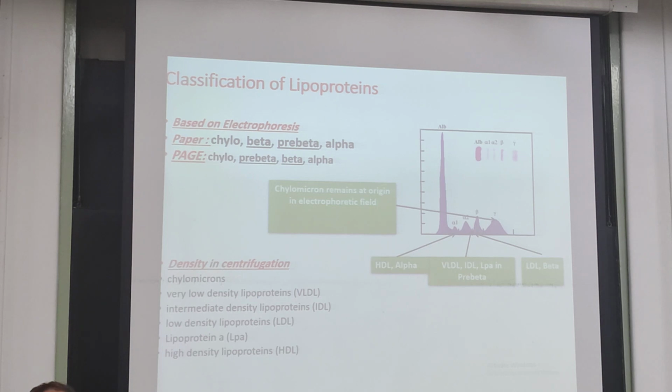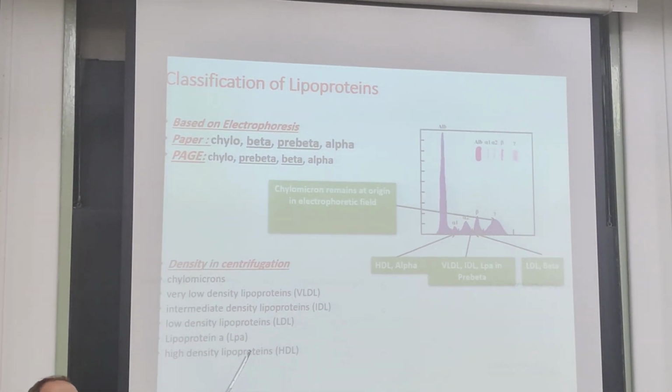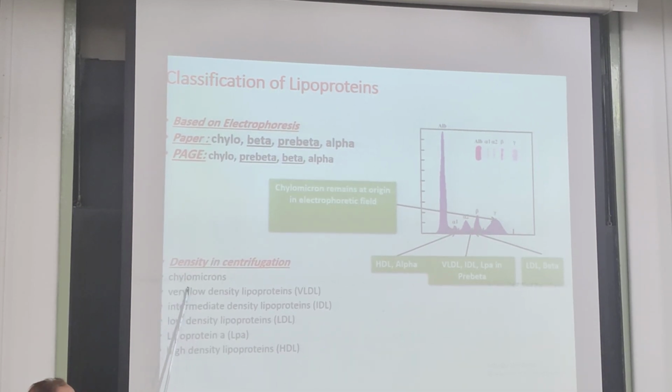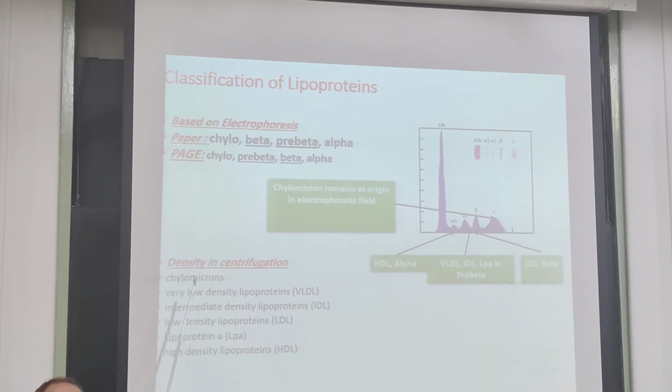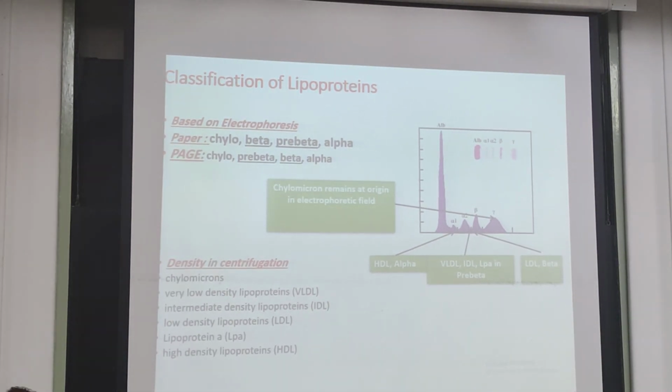Protein is important for density. For example, here you can see high density lipoprotein has the highest amount of protein, and chylomicrons have the highest amount of lipid or triglycerides. Okay.